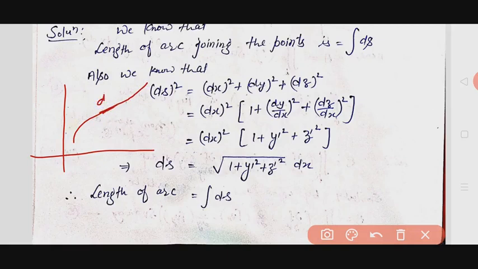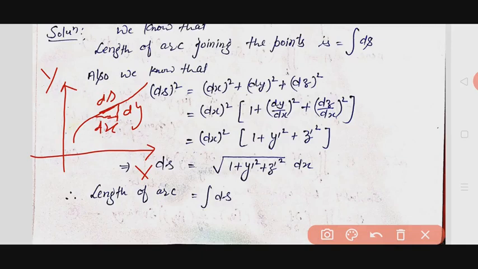Corresponding parallel I take parallel to y axis. This is suppose y and this is suppose x. So I take that parallel to y and I take parallel to x axis. So it is the small part of x. So I say this is dx and this is say dy. So when you apply the Pythagoras theorem, ds square will be equal to dx square plus dy square.